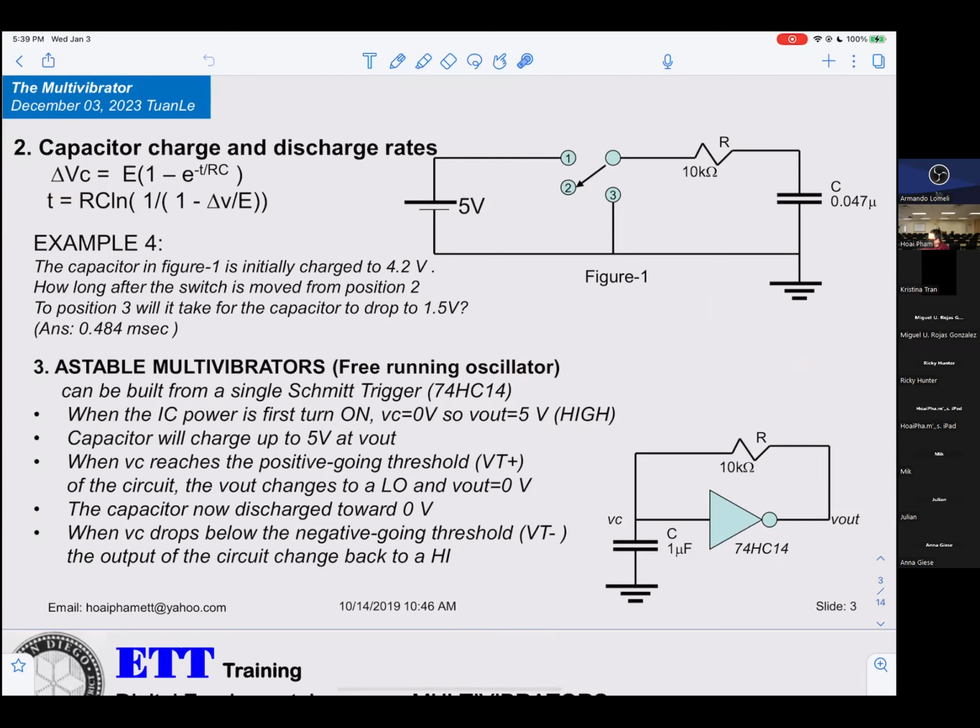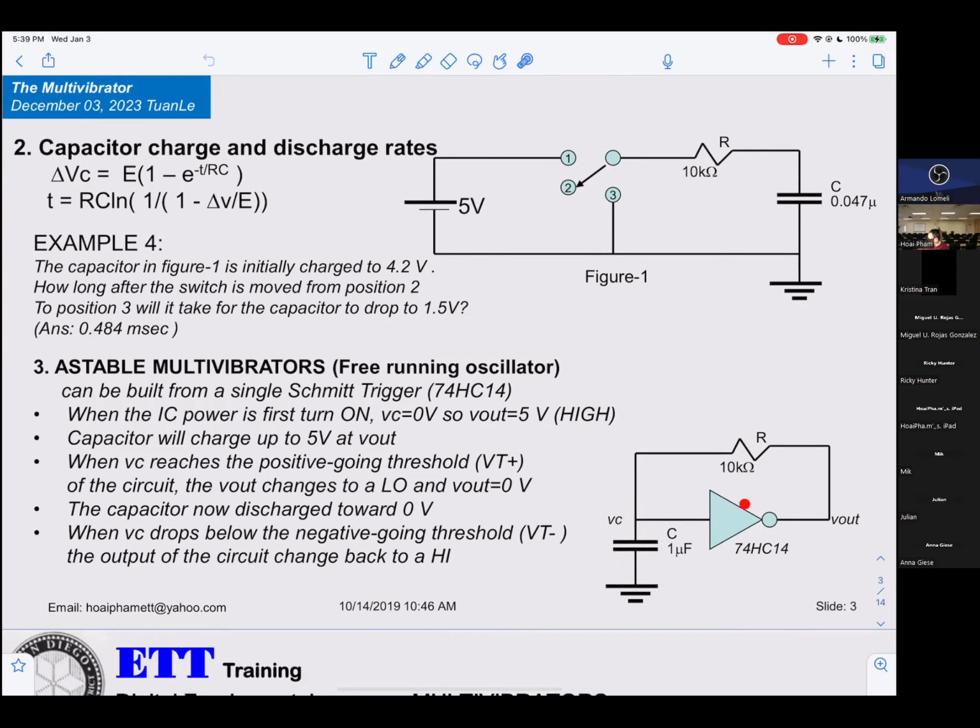It can be built from a single Schmitt trigger 74HC14. When the IC power is first turned on, VC is 0. That means when you connect the circuitry and turn it on, at the beginning the input is 0, so V out will be equal to 5 volts.